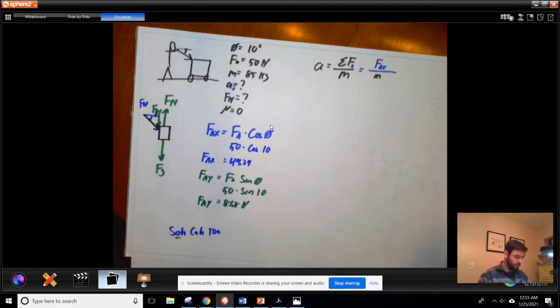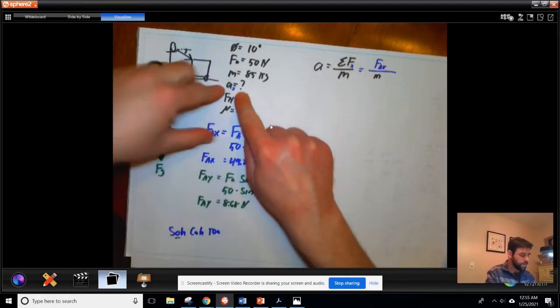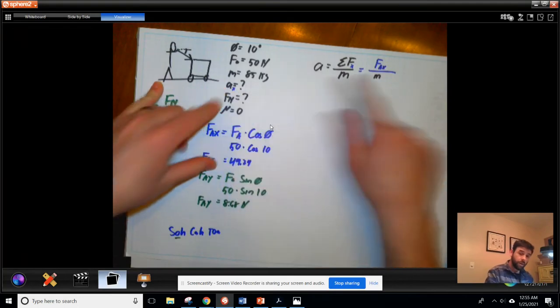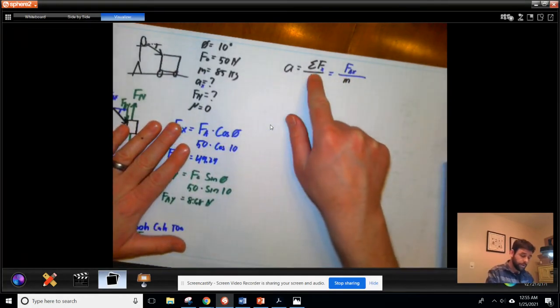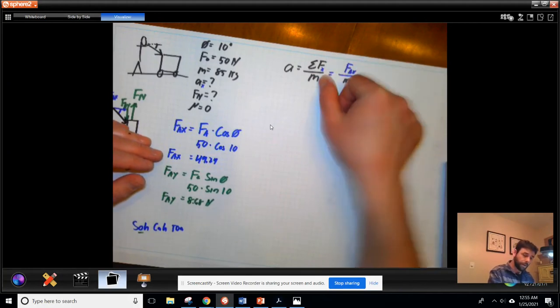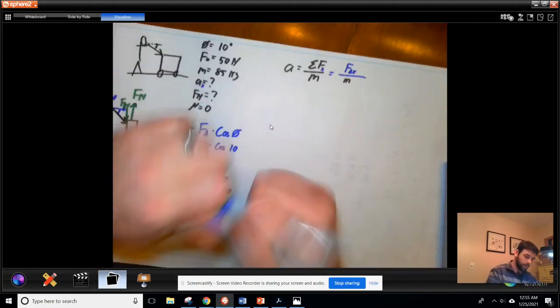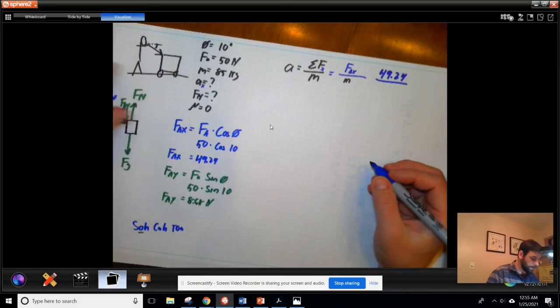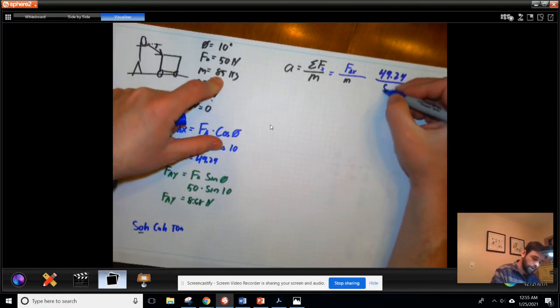All right. So now, the first question I asked you was for the force or the acceleration in the x direction. We solved over here saying that that was just going to be equal to the net force in the x direction divided by the mass. And so now we can go ahead and plug these numbers in. 49.24 divided by the given mass of 85 kg.